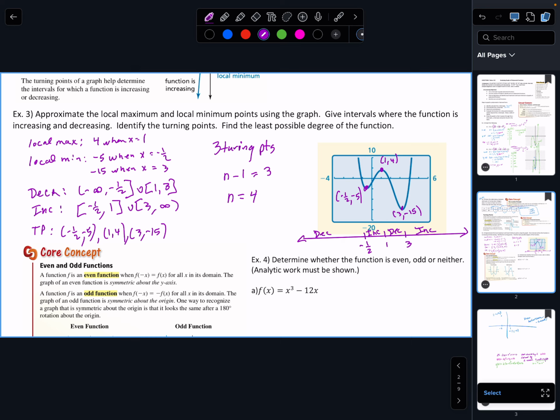I mean, not at least, but up to. And so the degree has to be at least degree 4. So it's got to be at least one more than the number of turning points.